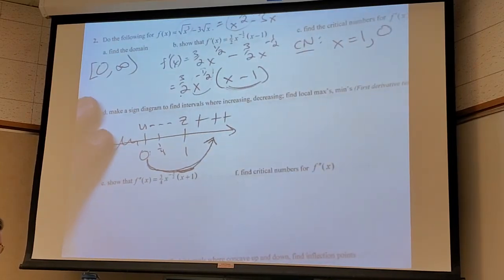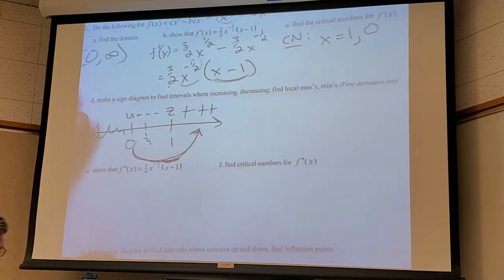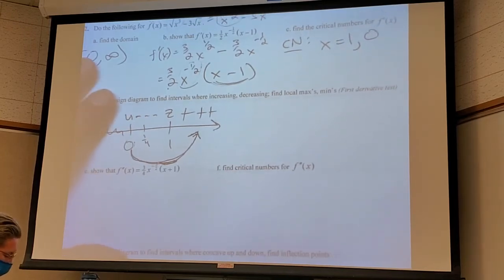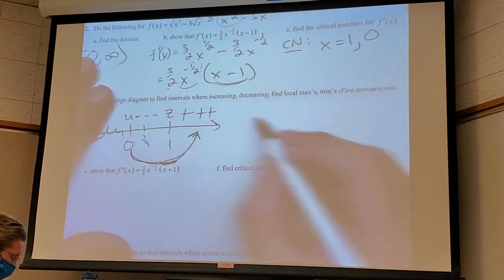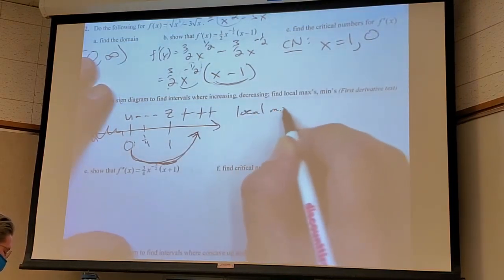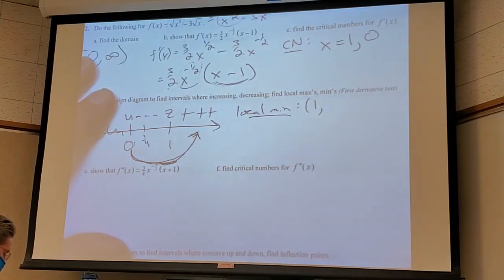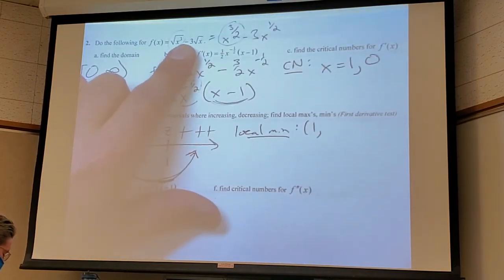So are there any local maxes? Nope. What about a local min? Yeah, 1, comma, 3?